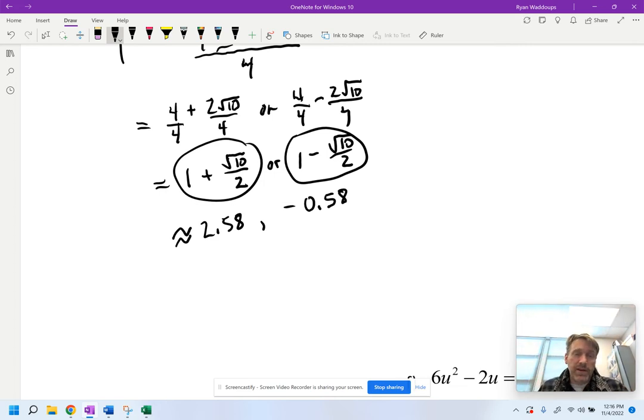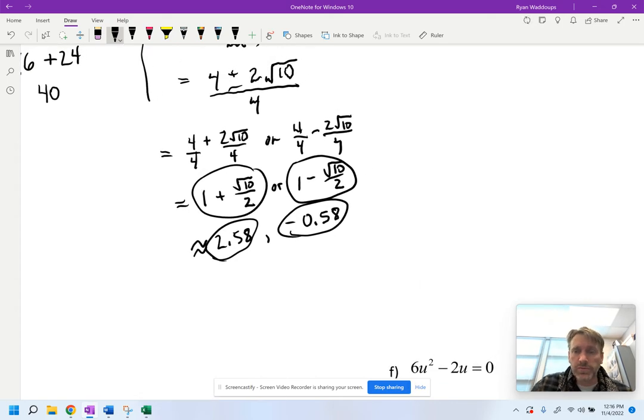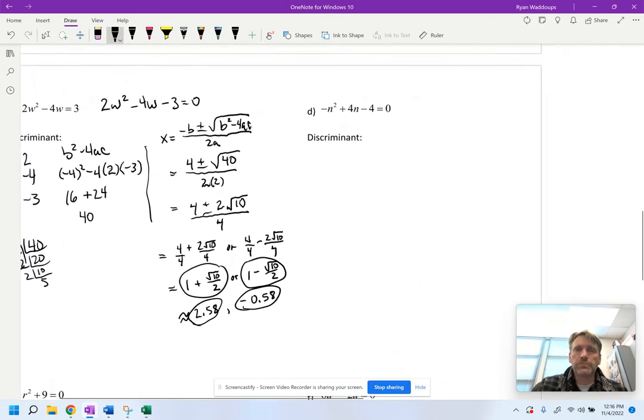And so depending on what you're being asked for, you might get the decimal version, or you might get a simplified radical version, and you may be asked to do both, so be prepared to do both.